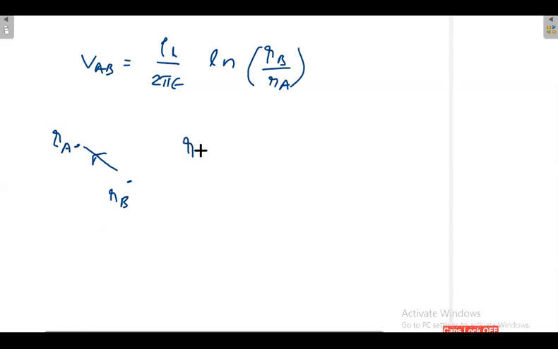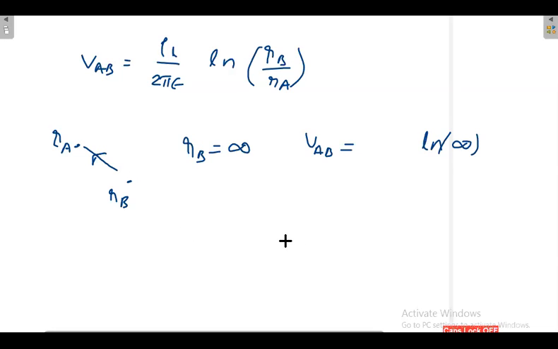What happens if I come from infinite distance, RB equal to infinite? It comes out something like ln infinite. That means if I want to come from infinite distance, I have to spend something like infinite energy.